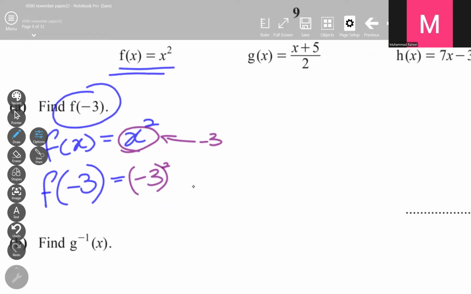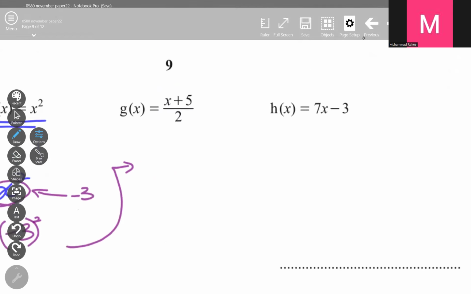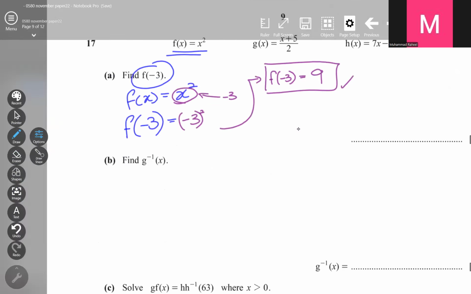Don't forget to put a bracket. So now we can find f of negative 3, which is 9. So here is our final answer.